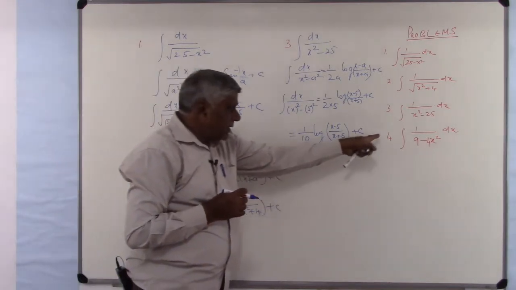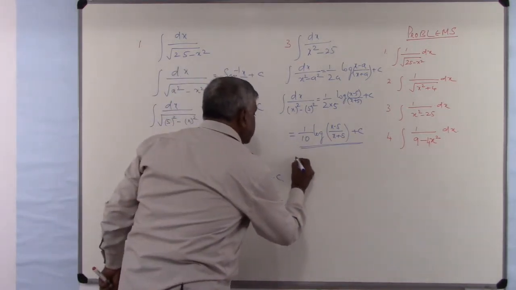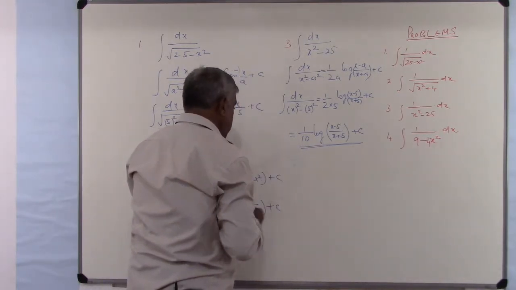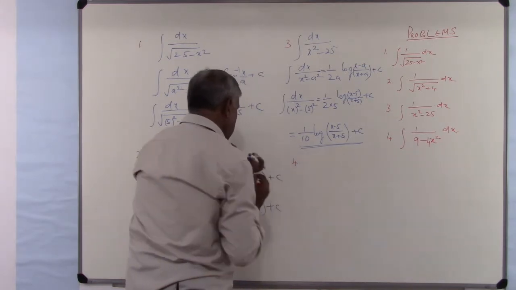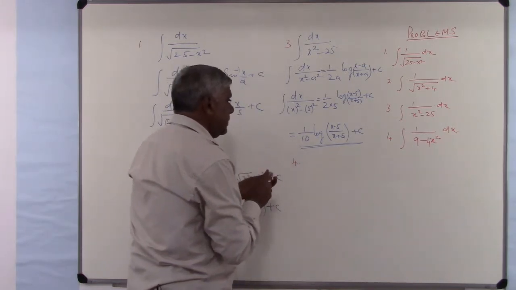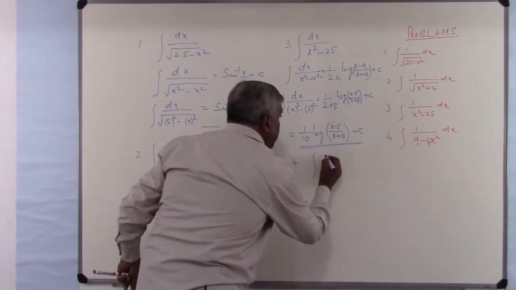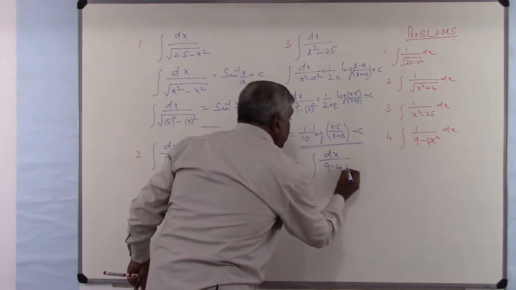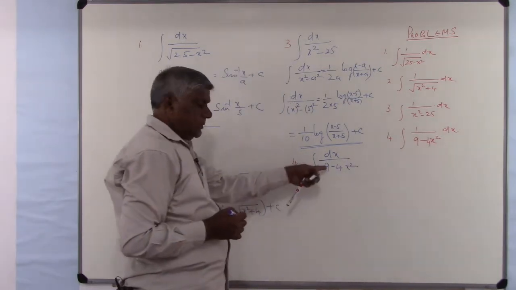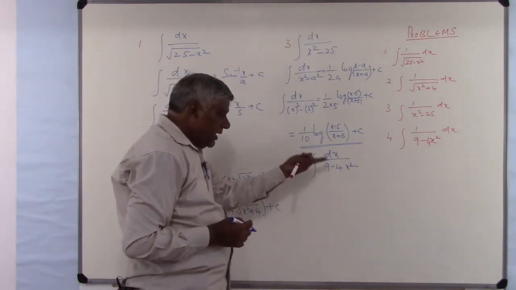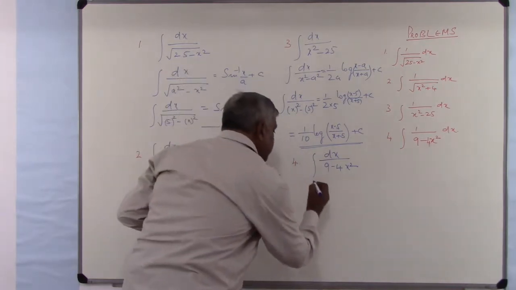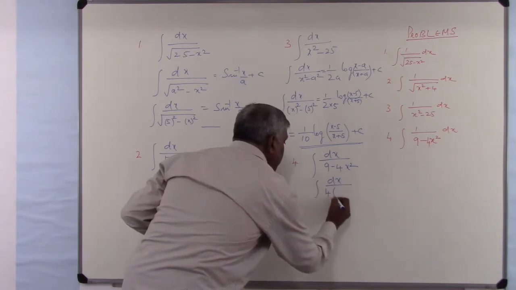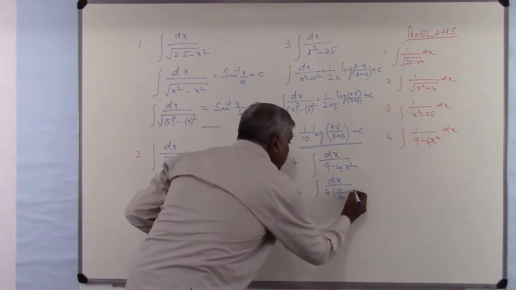Now similarly, here we can see the fourth problem. We will write it like this: integral dx by 9 minus 4x square. So we have to convert this to the standard form. The standard form is like this: dx by 4 into 9 by 4 minus x square.